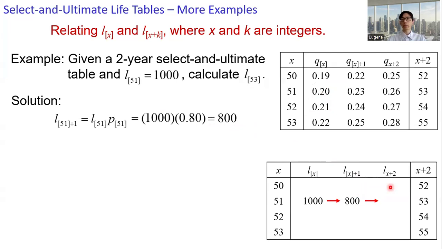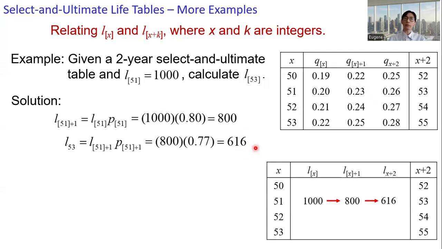And next, we compute L53. This is the ultimate part of the table. L53 is L51 plus 1 times P51 plus 1, which is 800 times 0.77. P51 plus 1 is 1 minus this value, 0.23. And we get L53 is 616.